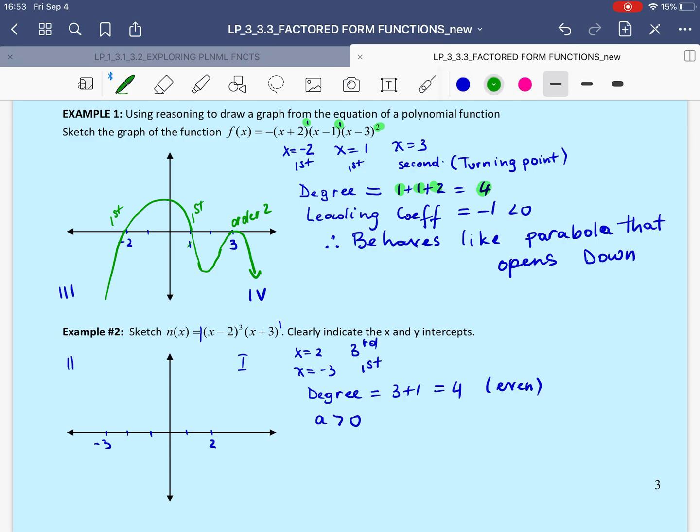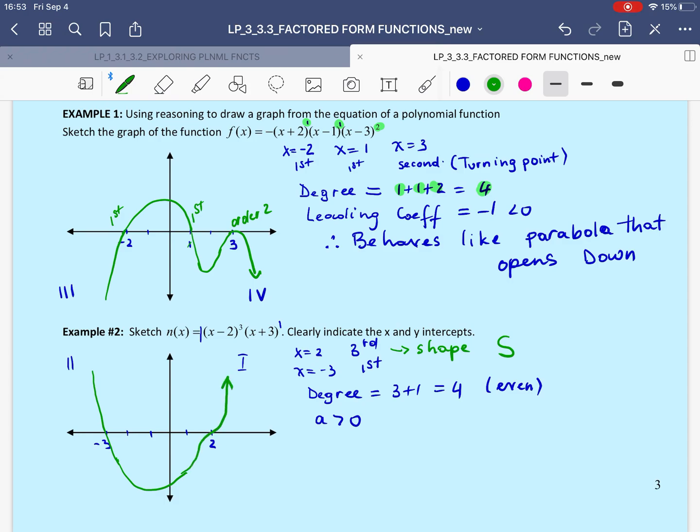Now, x equals negative 3 is a first order root, so we can start the graph from quadrant 2 and hit negative 3 and cross the axis there. Now we must go back to our next x-intercept, which is at 2. Now remember that this is a third order intercept, which makes the shape of the graph an S shape.